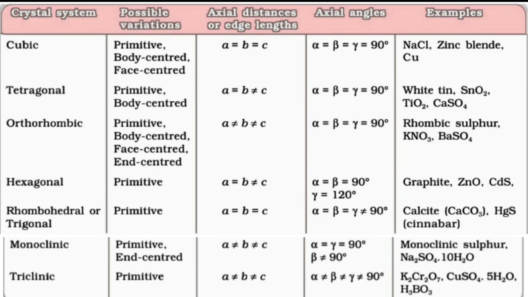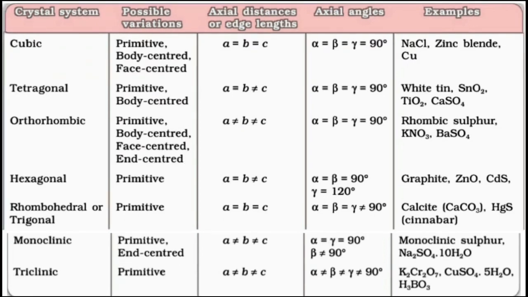You can see here cubic, that is a = b = c. a, b, c are the edge lengths, so all three sides are equal, and alpha = beta = gamma = 90 degrees, that is, all three angles are 90 degrees. That is about the cubic crystal system, and their examples are NaCl, zinc, lead, and copper.